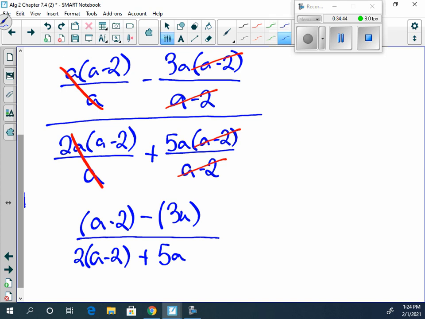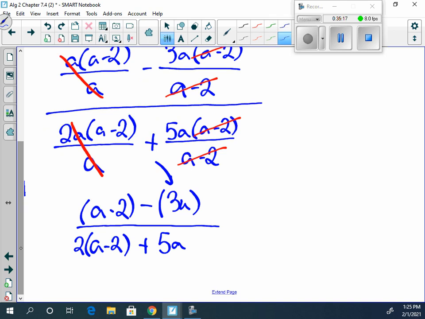Now, we didn't necessarily have to do the parentheses in the numerator because 3A is just a term. But if we have more than one term, it's going to be wise to put the parentheses around it, because that negative is going to affect all the terms inside this set of parentheses. But since we just have one term, it is already taken care of. But if we had two, we need to be careful to make sure that the negative transfers to both terms.